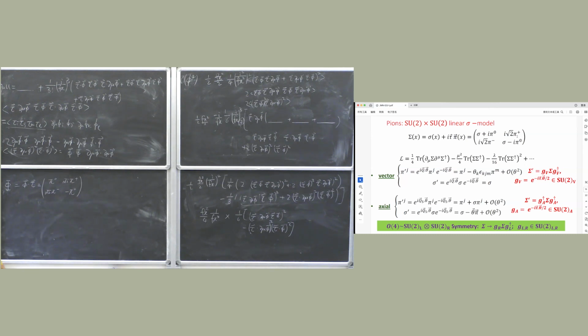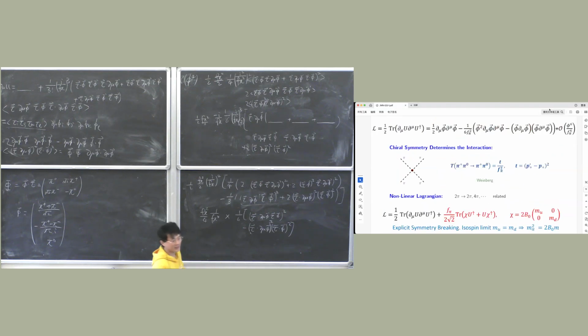So the pseudoscalar matrix, take this one, and we can directly write down the components of phi. Then we insert the phi into the Lagrangian.